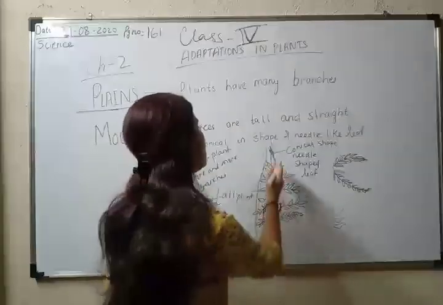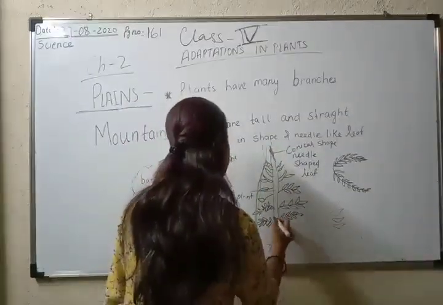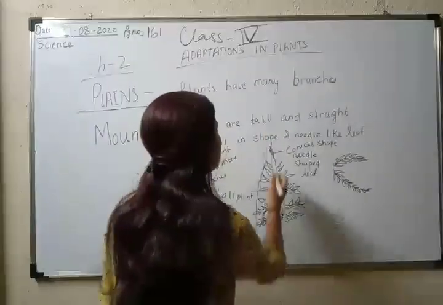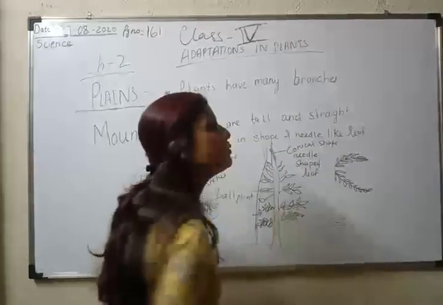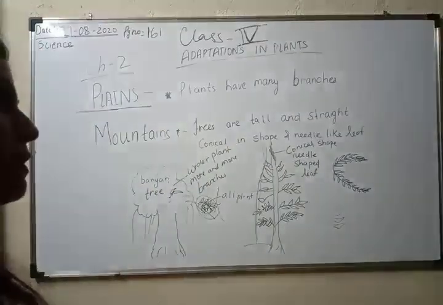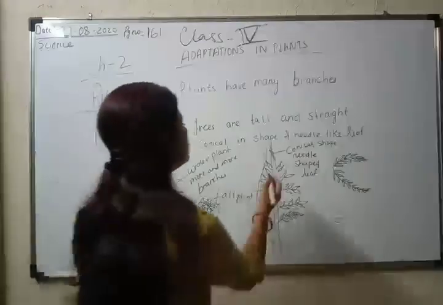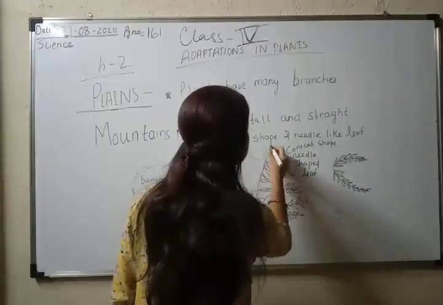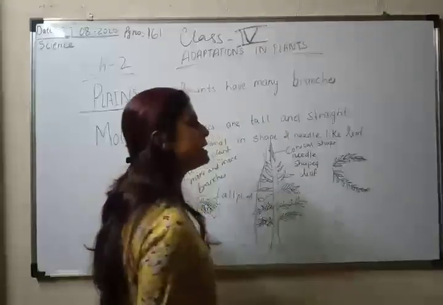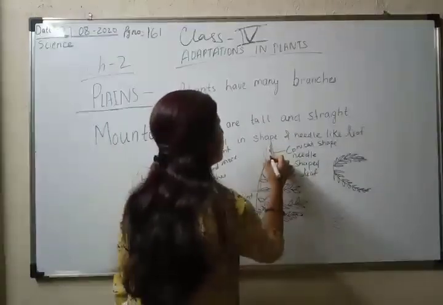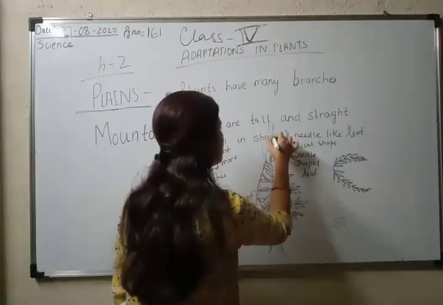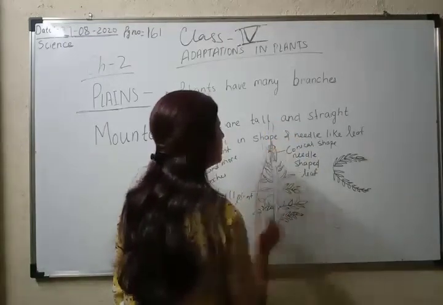Okay, and the plants are usually found very tall in height and also conical in shape. They never do flowering. The plants found in mountains don't do flowering. They have a very conical shaped tip. Why is it conical? Again the same reason. If it were broader like this, when snowfall occurs, the snow would collect over here.